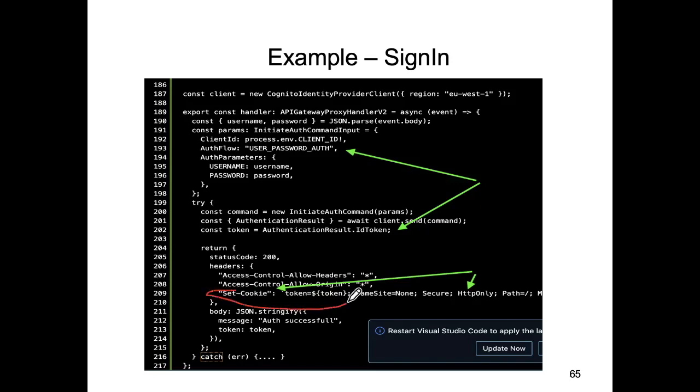This is where I set the cookie in the response that goes back to Postman in my case. I didn't have to, but I included it in the HTTP response body, as well as including it as a cookie. So I didn't have to do both of them, but I just did.